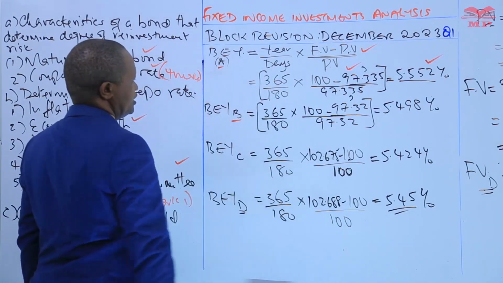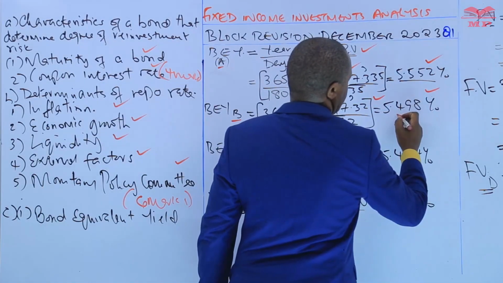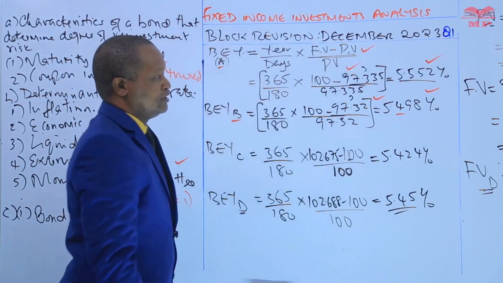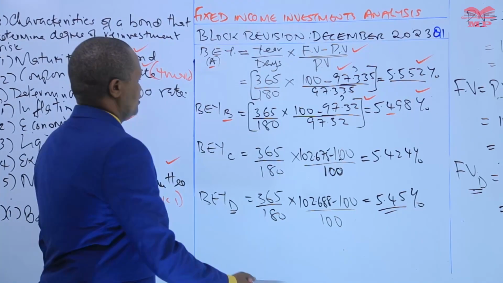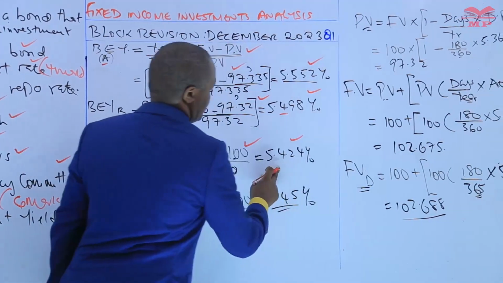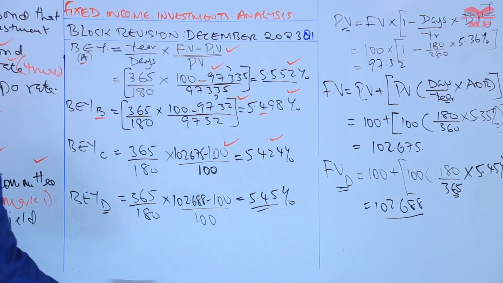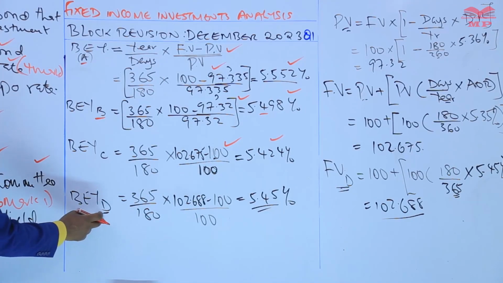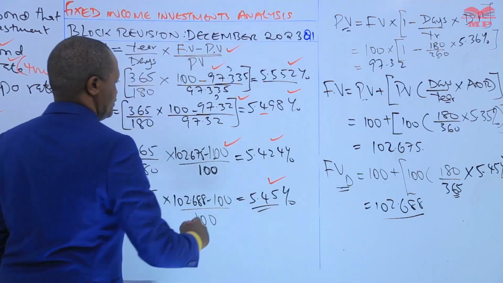The bond equivalent yield for instrument B, we see here, is 5.498%. For instrument C, the equivalent yield is 5.424%. Then lastly, the bond equivalent yield for instrument D is 5.45%.